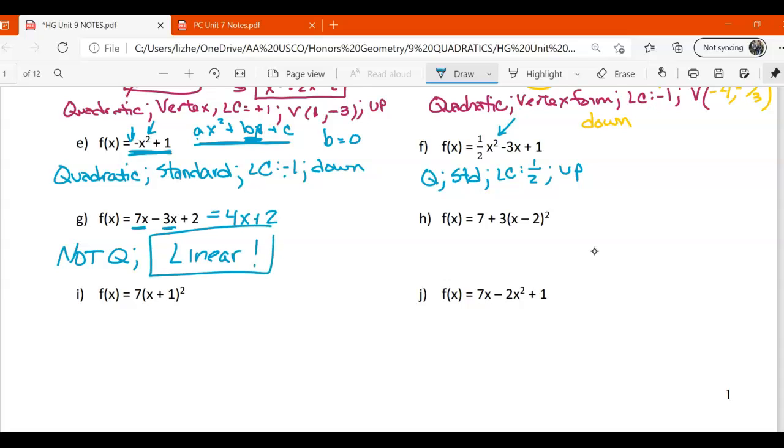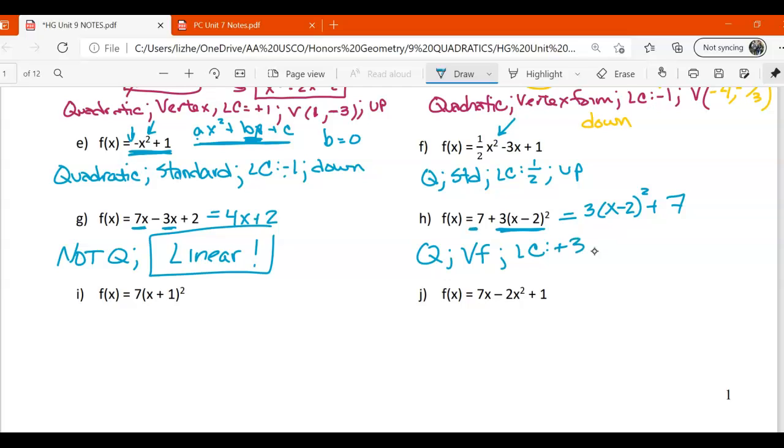H, this equation is a quadratic. It would need to be rewritten. This whole term should be first because that's my x squared. So I would write 3 times x minus 2 squared plus 7. So it is a quadratic. It's in vertex form. The leading coefficient is positive 3.